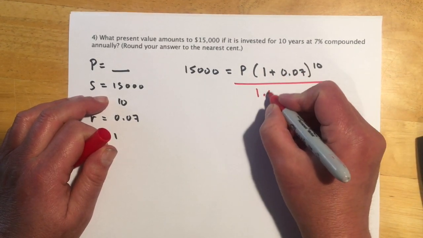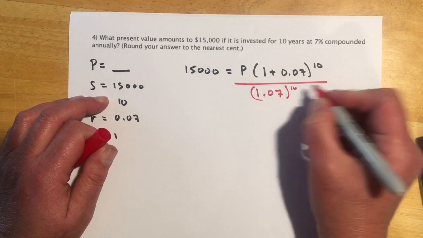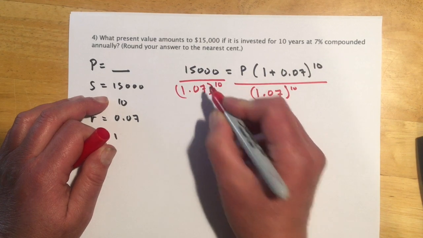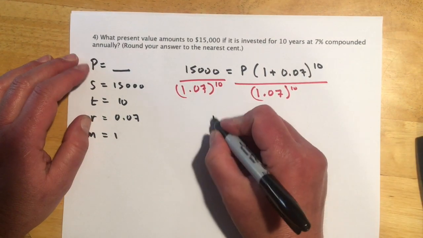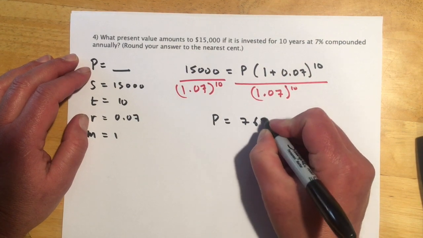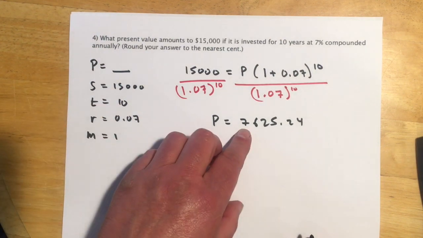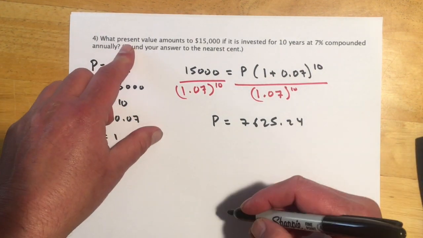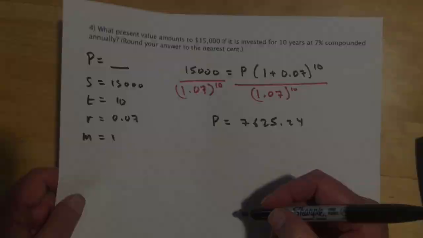So I added those together and got 1.07 raised to the 10th. And then just throw that in the calculator. And for that, I got P equals 7625.24. So we'd have to invest $7,625.24 now, so that'll be $15,000 in 10 years.